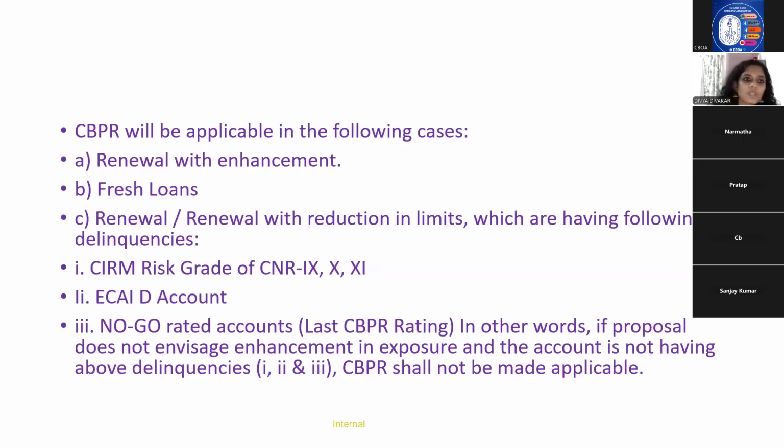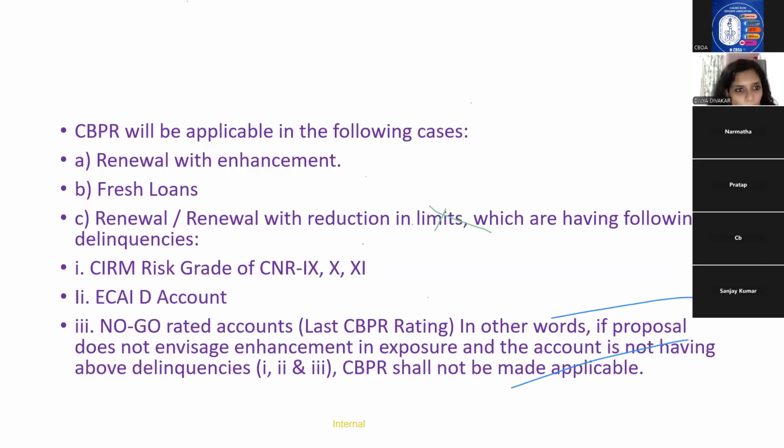Coming to CBPR, it will be applicable in the following cases: renewal with enhancement, fresh loans, then renewal or renewal with reduction in limits, where the following issues are there.